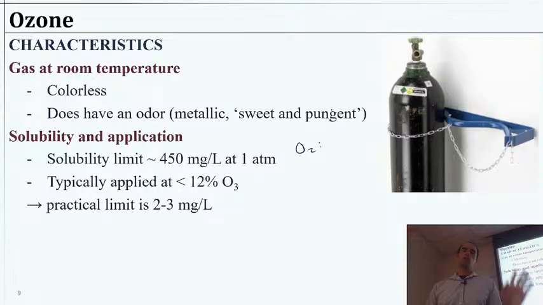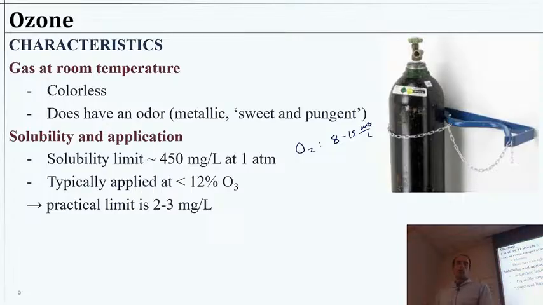So oxygen in equilibrium with our atmosphere gets us something like 8 to 15 milligrams per liter, but only 21% of our atmosphere is oxygen. So we might multiply this by 5, and even if we do, we're still much less than 450 milligrams per liter. I'd have to go back and double check. This might be in equilibrium with 1 atmosphere of ozone, just pure ozone.